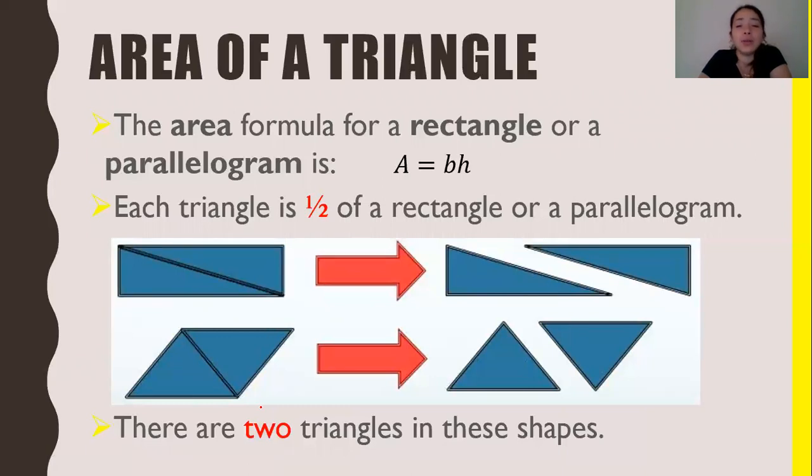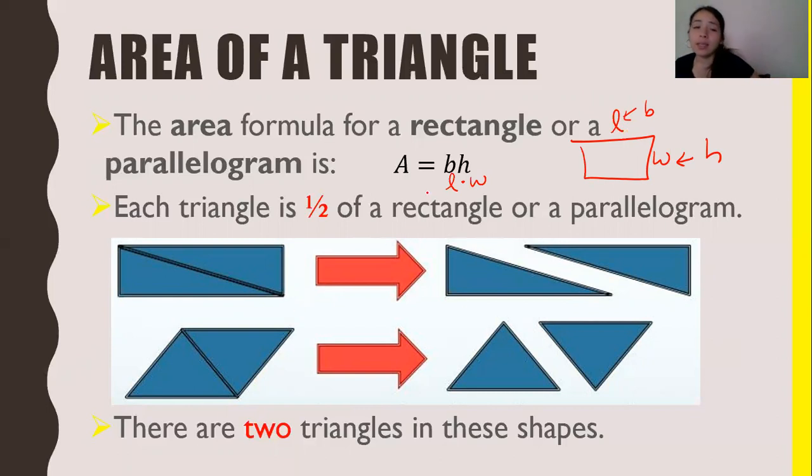Now, the area formula for a rectangle or parallelogram is base times height. Another thing we call it is length times width. Remember, for area, we find length times width. You can also call this the base and that the height. So to find the rectangle area, you would do base times height.